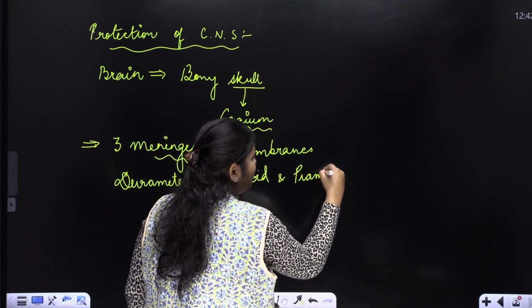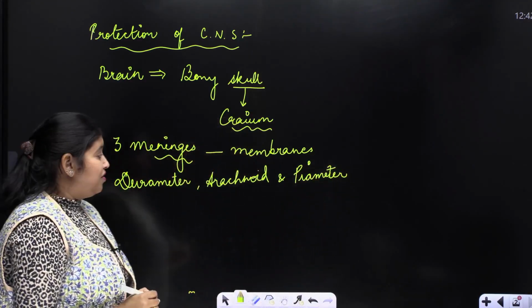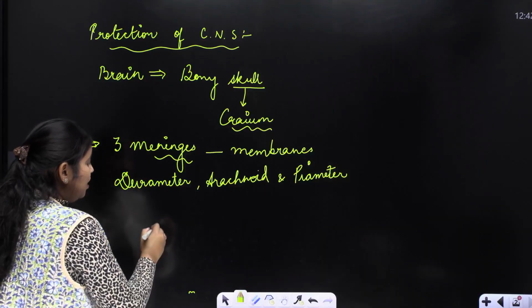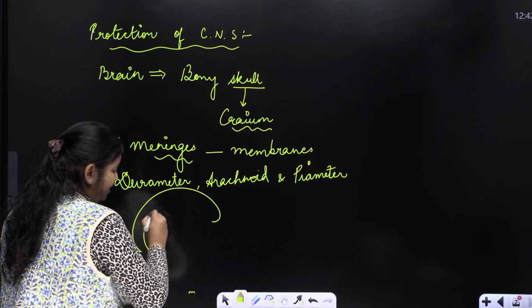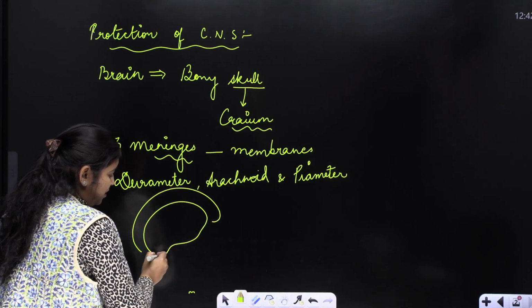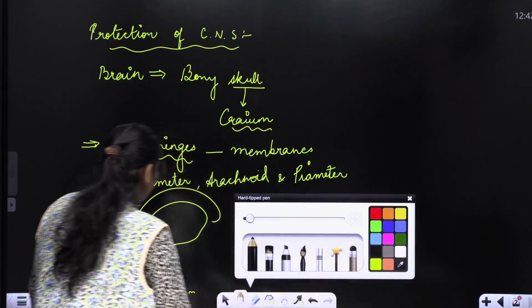These are the names of the meninges if you wish to learn. So these are the three membranes. Now let us say this is the cranium and this is the brain which is present, and we have, as I told you, three layers.